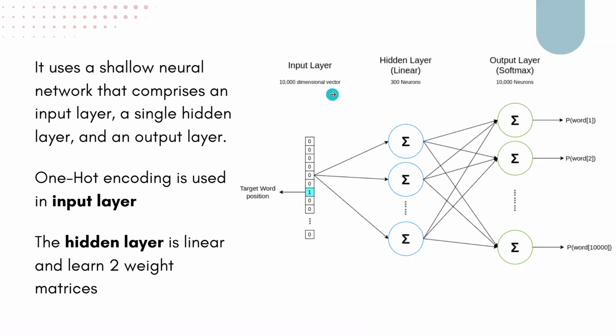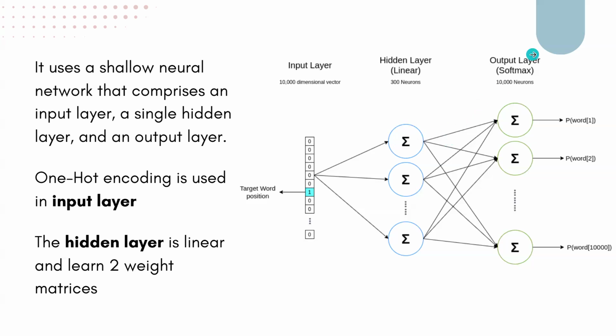Like we can take a 10,000-dimensional vector, where 10,000 is the number of words in our vocabulary, and then there are 300 neurons. So we are going to have a 10,000 cross 300 matrix, that is the weight matrix, and we are basically interested in finding out these weights, as these weights are going to be the embeddings for the words. Basically, an embedding is a numerical representation of any text or term. So we are learning about the weight matrix that is present here, and then we will learn another weight matrix, W prime, that is also of similar order but in the reciprocal form.